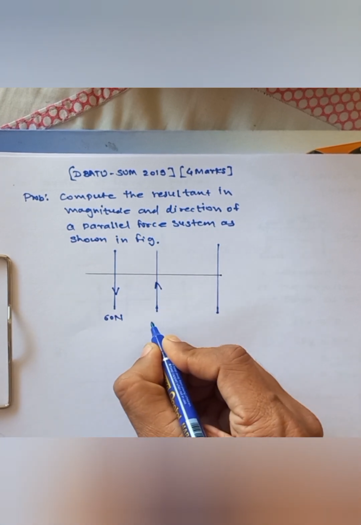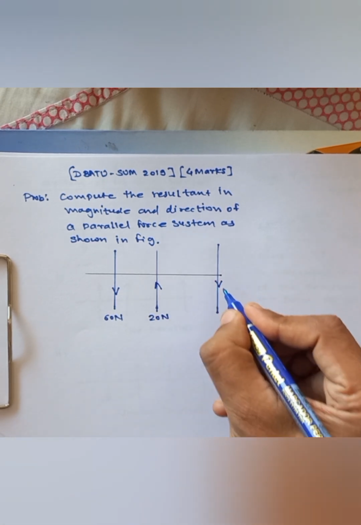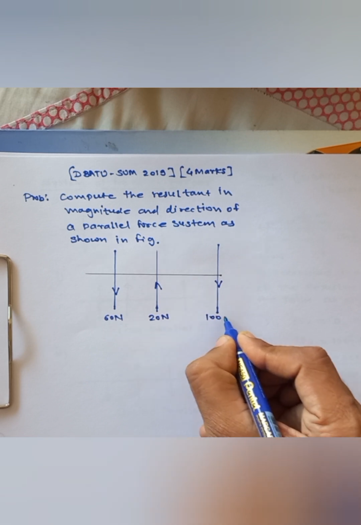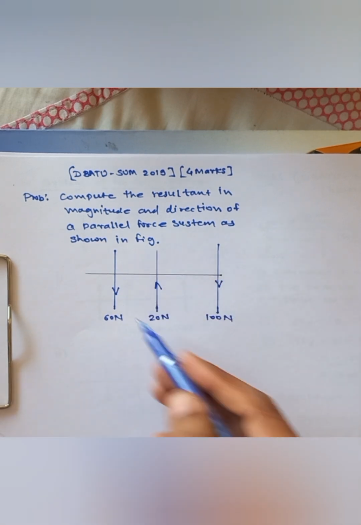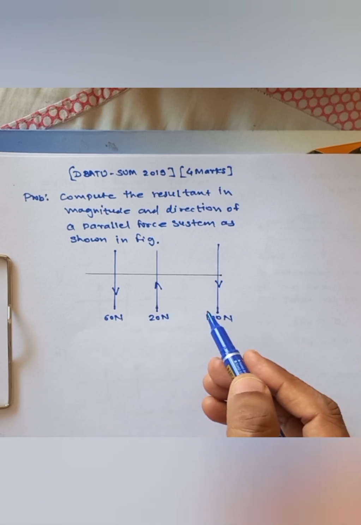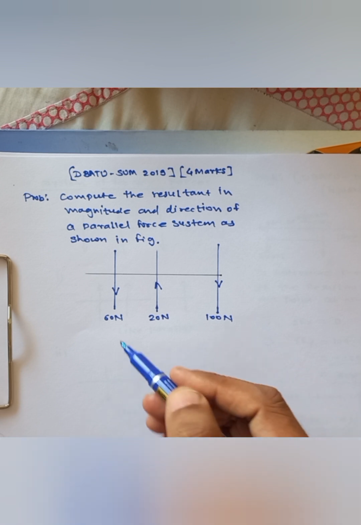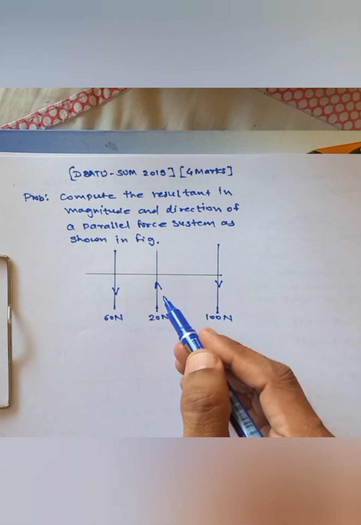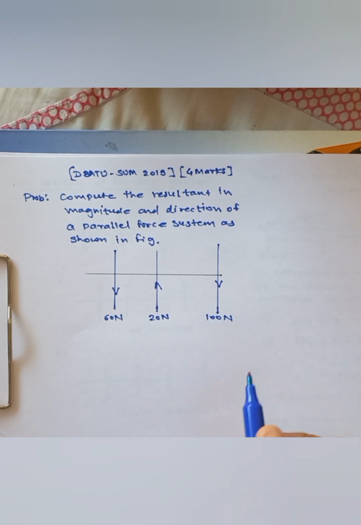This is upward with 20 Newton magnitude. This is again downward with 100 Newton magnitude. From the diagram itself you can see that this is a parallel force system, and that too of unlike type. It is unlike because this force is downward, this is upward, this is again downward.